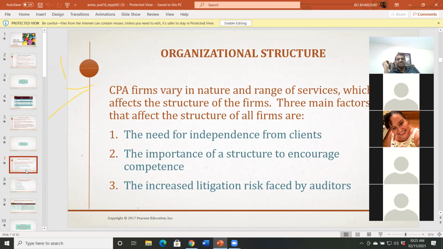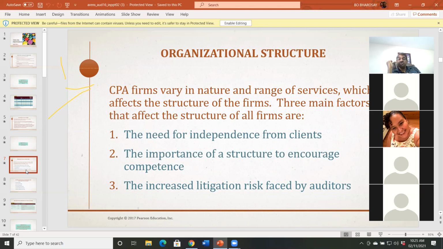There are three main factors that affect the structure of CPA firms. One is the need for independence from clients, especially if a lot of what you're doing is auditing, you need to be independent. And we're going to talk about independence later.